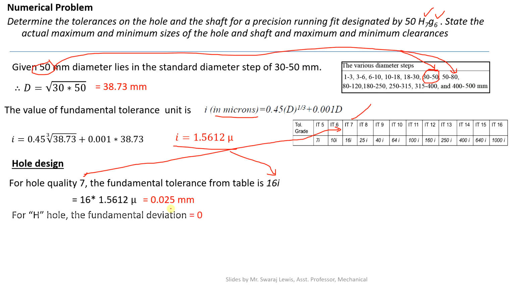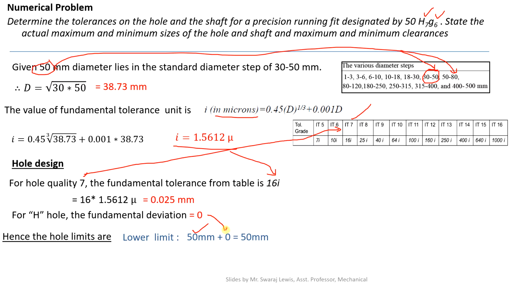Next we will go for the H hole. Now for the H hole, there is a graph for different parameter alphabets, and in the H hole the fundamental deviation is always taken as 0. So there is no value for the fundamental deviation. That means the hole lies on the basic line. Therefore, the hole limits: the lower limit is the same value which is given in the question plus the fundamental deviation.